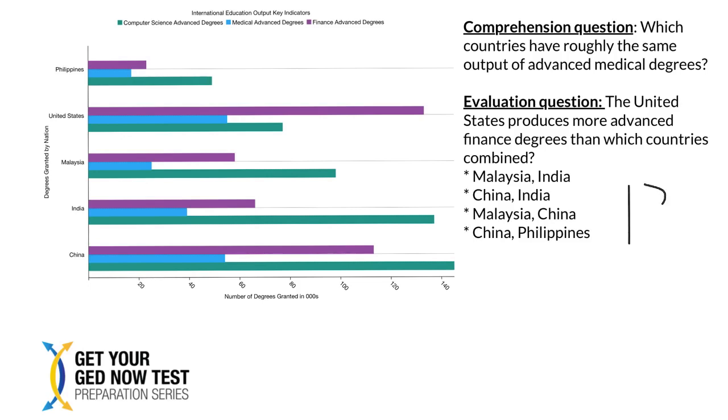So we're just going to hold 135, and then we're going to look at Malaysia and India. Okay, so when you look at Malaysia and India, Malaysia's coming down here. Let's just call that 60. And then India's coming here in the middle, about 65. So 60 and 65 is 125. And so that first one there is going to be 125.